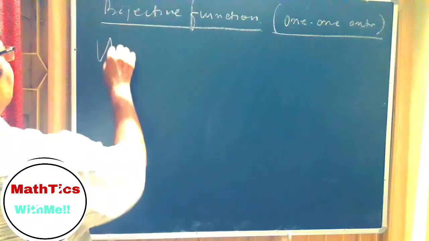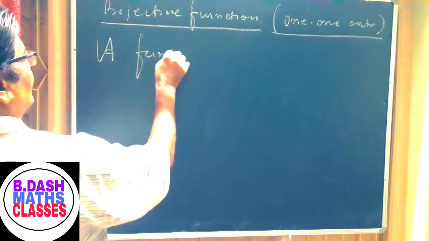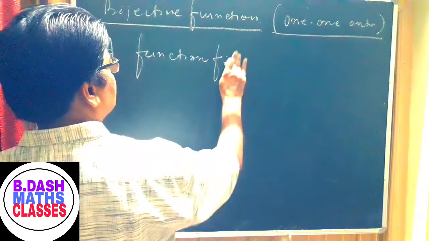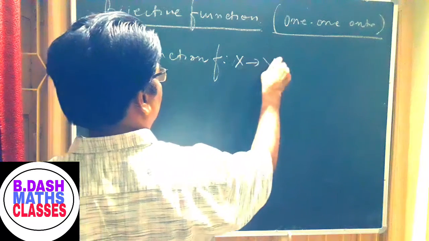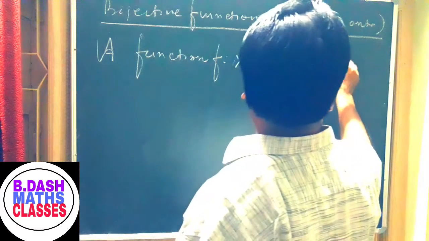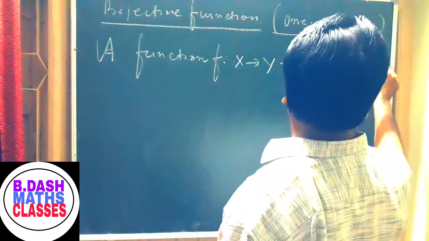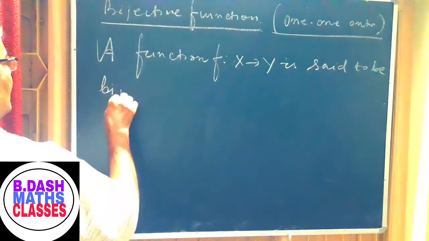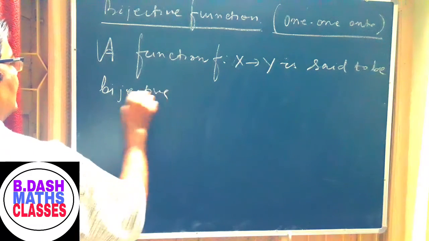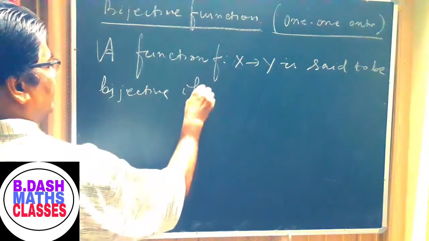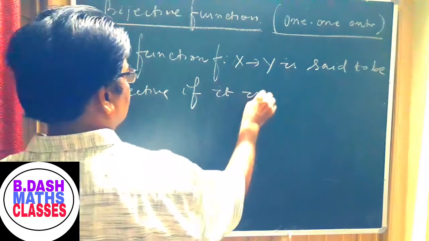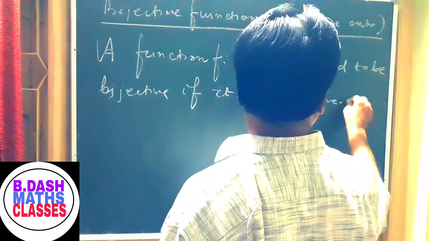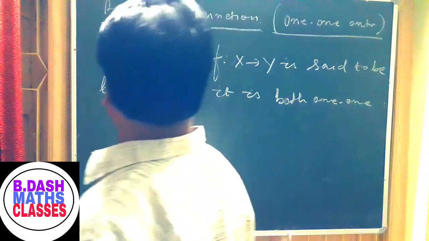A function f maps x to y is said to be bijective if it is both one-one and onto.